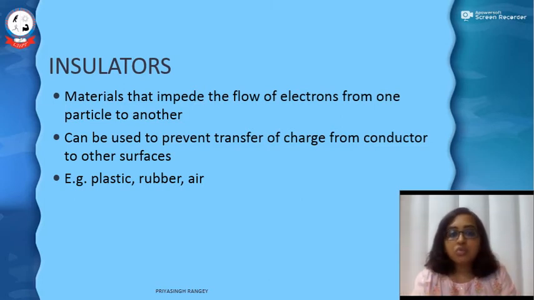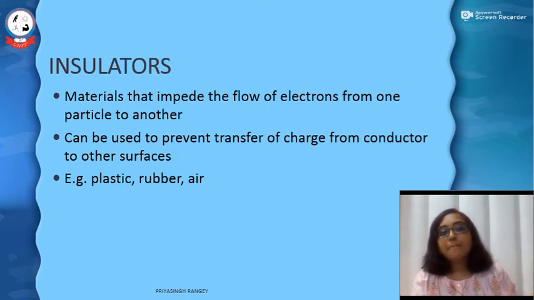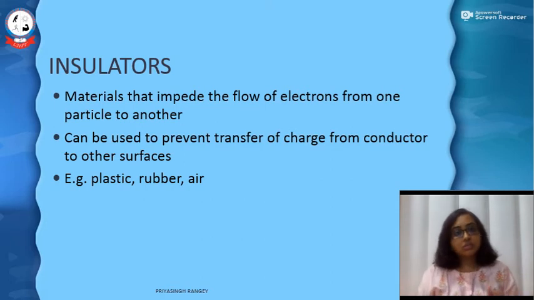Conductors are used for the flow of electricity or the flow of heat, but an insulator can be used to prevent the transfer of charge from the conductor to other surfaces.